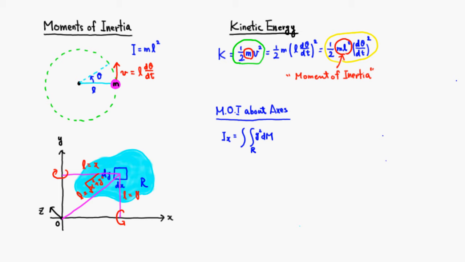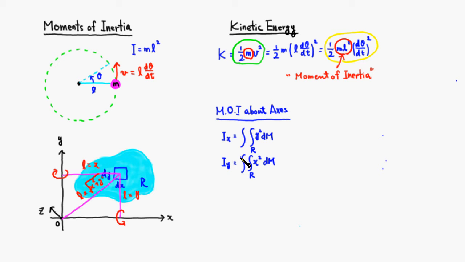In a similar fashion, we can find the moment of inertia about the y-axis. Of course, we have the integral over the same region R of the mass element. If you take this plate and spin it around the y-axis, the distance is determined by the x-coordinate of the point, so we use x squared.